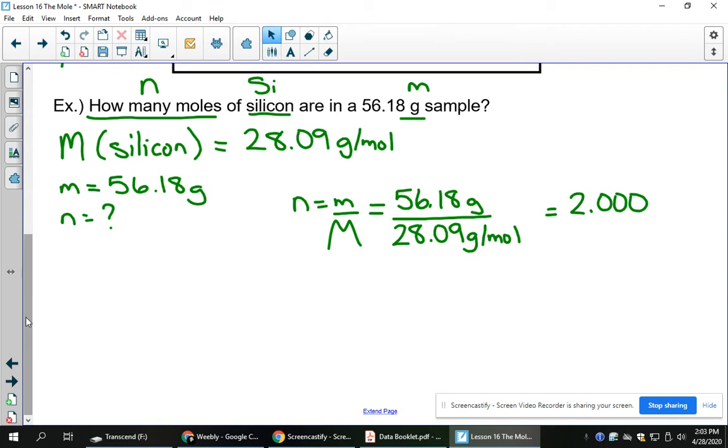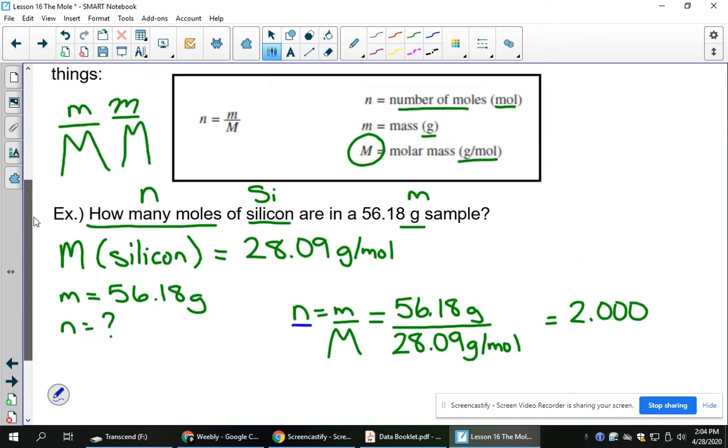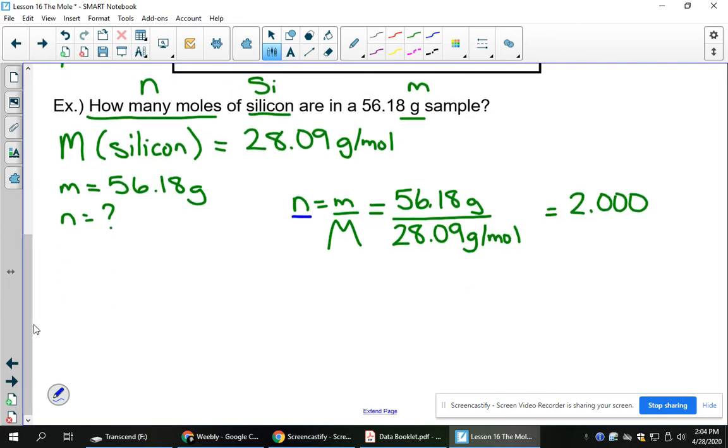Now, what happens with these units is really important if you plan on taking Chemistry 20. So if you don't plan on taking Chemistry 20, you're just thinking about N, you're looking up here, and you're saying, okay, that's measured in moles, so my units are moles. Done.